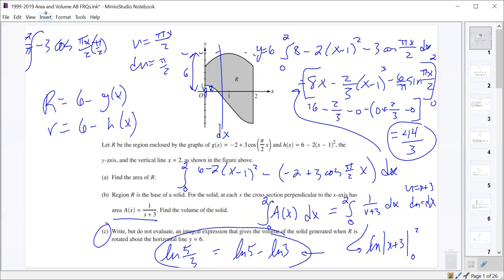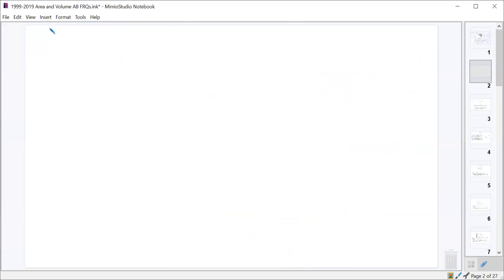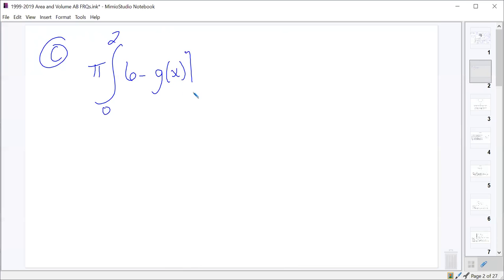Okay. So part C, your answer should be pi times the integral from 0 to 2 of 6 minus g of x, that was our outer radius, squared, minus 6 minus h of x squared dx. I forgot which one was g and which one was h.